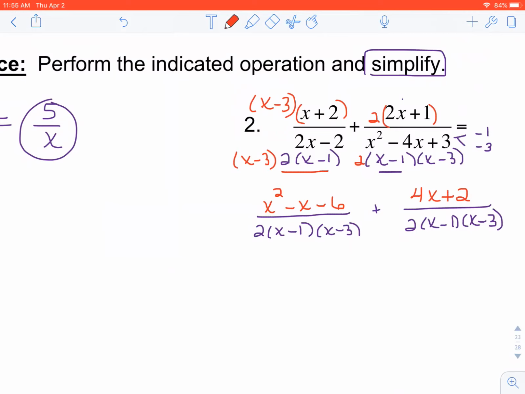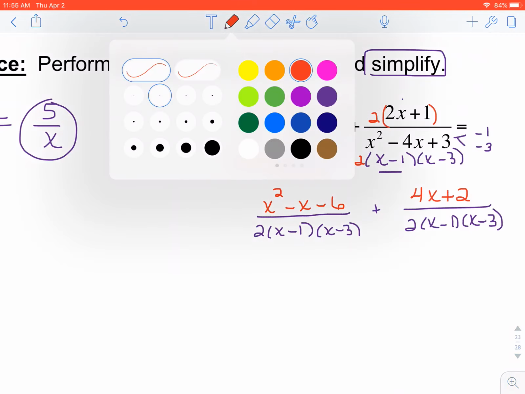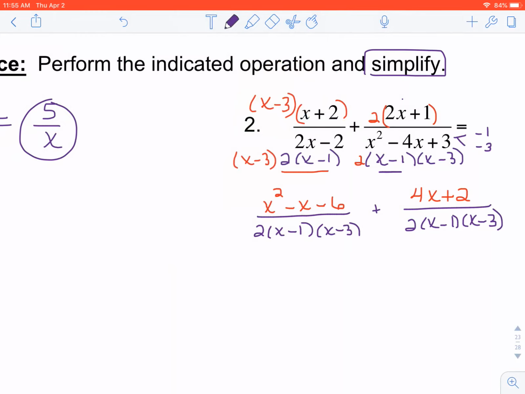We applied that part to the numerator. So looking across the top of the fraction, adding your like terms, we have an x squared. And then we have a -x and a 4x, so that's positive 3x. And then there's a -6 plus 2, so that would be a -4.